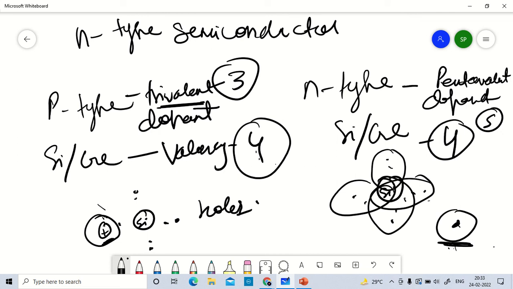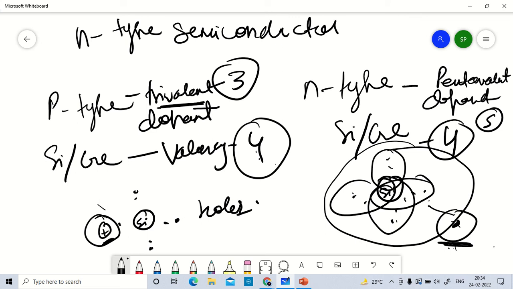When all 4 of these electrons nicely bond, then from the fifth electron's perspective, these are all part of the core. Now the silicon atom has got 4 more electrons and it is completely stable.